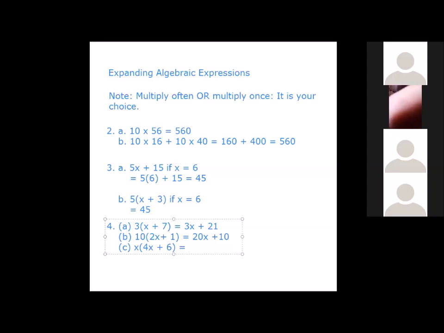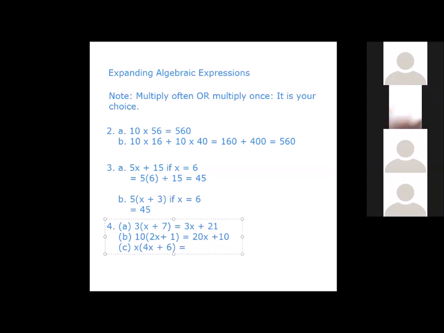One factor is x. The other factor is 4x plus 6. What are the terms in 4x plus 6? Ella, can you give me one? 4x, ma'am. And Hannah, the other term, please? 6. Yes, right.